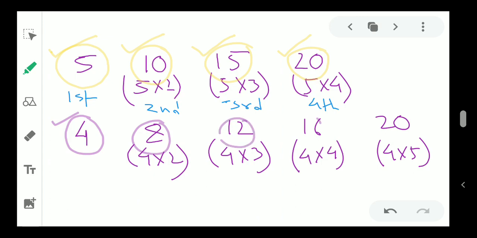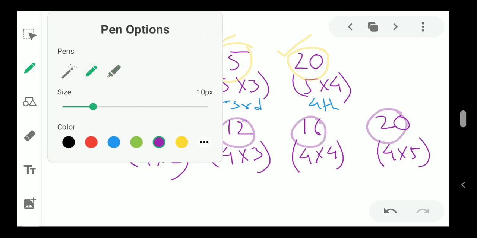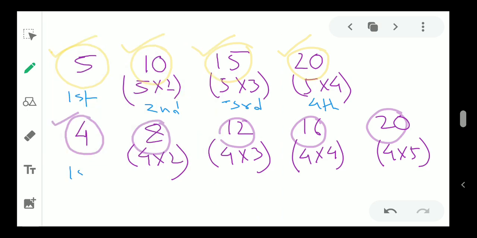So these are the multiples of 4. Basically this will be my first multiple of 4, second multiple of 4, third multiple of 4, fourth multiple of 4, and fifth multiple of 4.